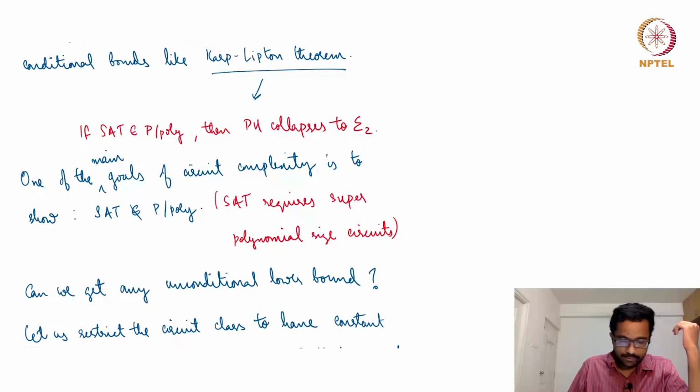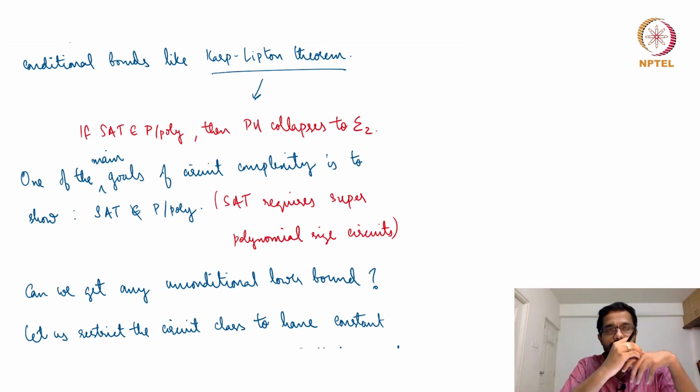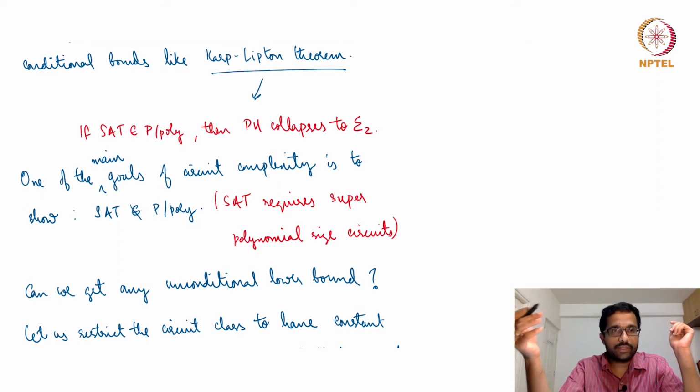And right, so ideally, when circuit complexity theory evolved as a field, perhaps the original hope was to find an answer to P versus NP, right? This is like in the case of many subfields of complexity theory. So one way to do that would have been to show that some language like SAT does not have polynomial size circuits.